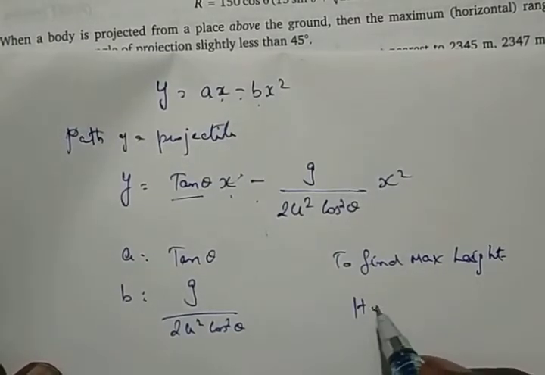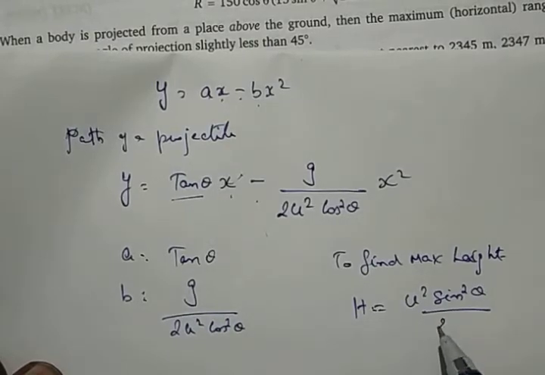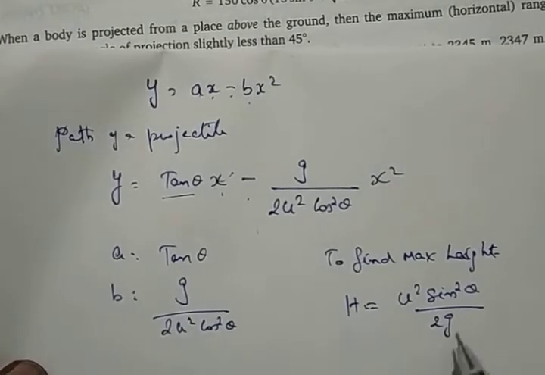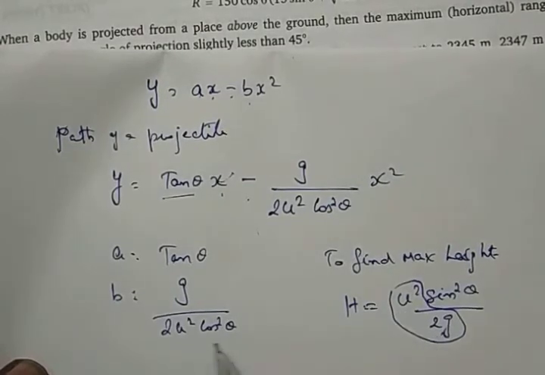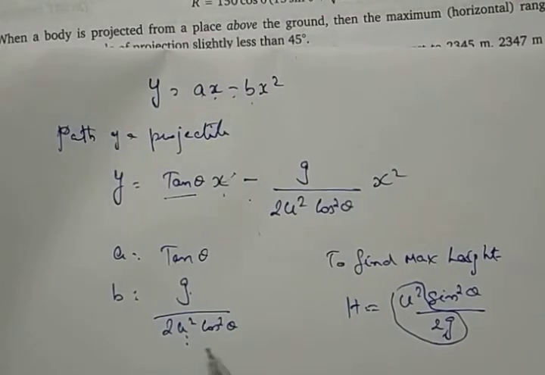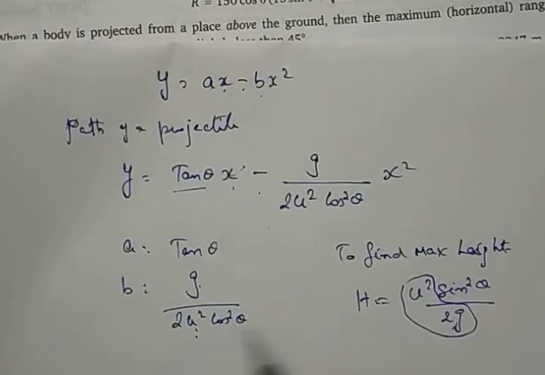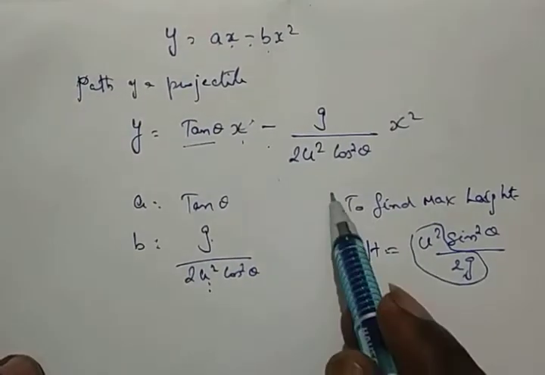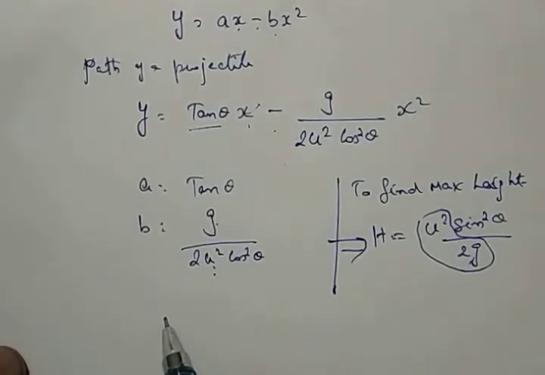H is equal to u square sin square theta upon 2g. Now this is something which you can try to figure out using this. U square is there, g is there. You can try to work out this expression. More than finding the ratio of this, first of all we try to work out this one. So this is the target. This is the target we need to get. Let us get this particular expression here.